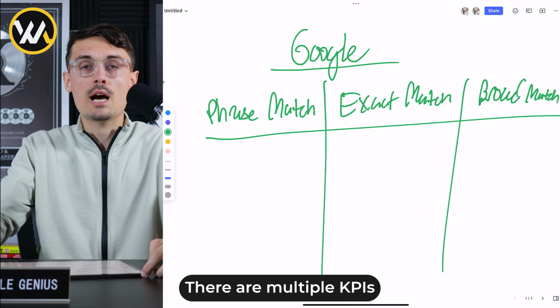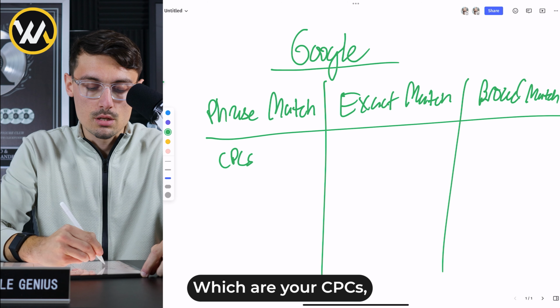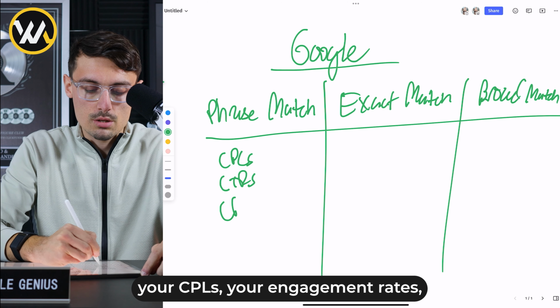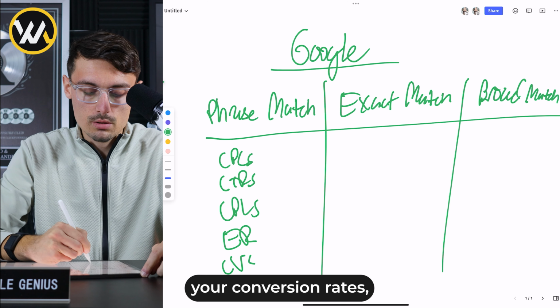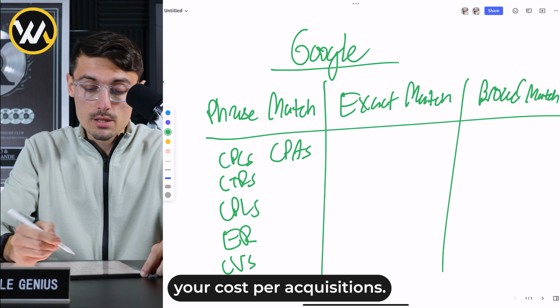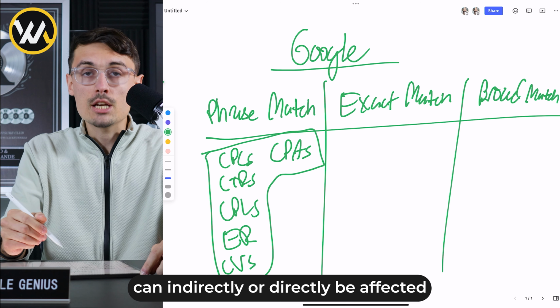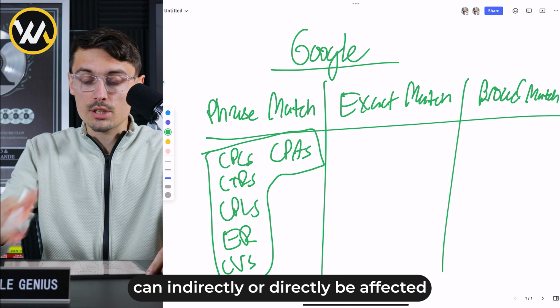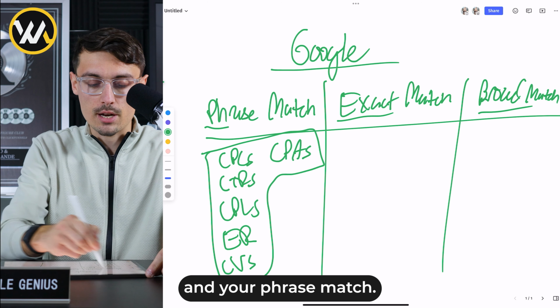There are multiple KPIs being tracked on these platforms, which are your CPCs, your CTRs, your CPLs, your engagement rates, your conversion rates, your cost per acquisitions. All of these KPIs can indirectly or directly be affected by the exact match, the broad match, and your phrase match.